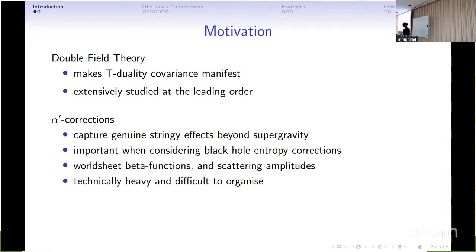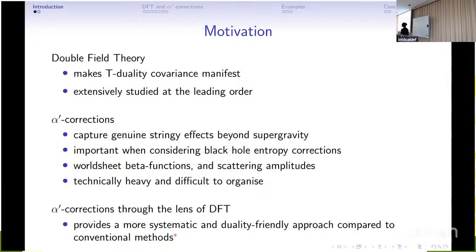So far, the conventional methods that exist for calculating alpha prime corrections, say by using scattering amplitudes or supersymmetry, do get technically heavy and a little difficult to organize. So an idea that came up some time ago was looking at alpha prime corrections through the lens of double field theory.